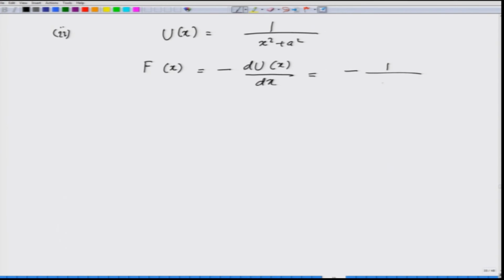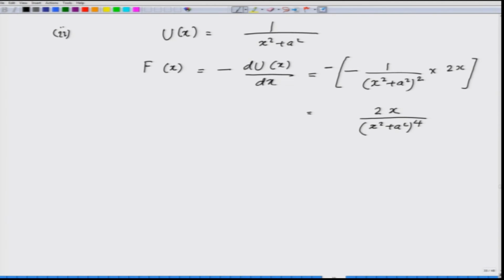The second problem is U(x) equals 1 over x squared plus a squared, and therefore the force F(x) is going to be minus dU by dx, which will be minus 1 over x squared plus a squared, whole squared, times 2x, and there is a minus sign on the outside, which comes out to be 2x over x squared plus a squared, whole squared.